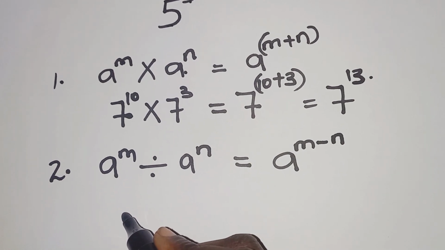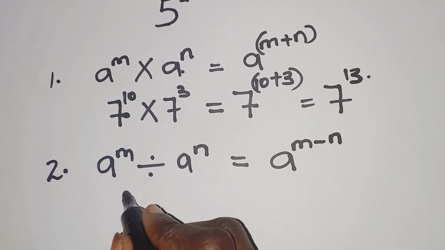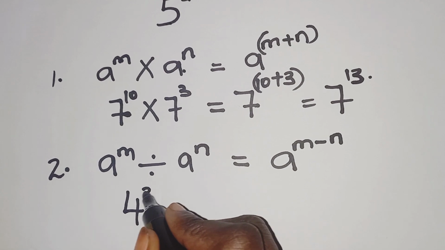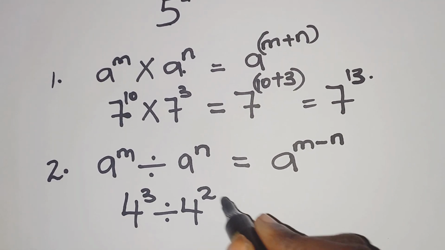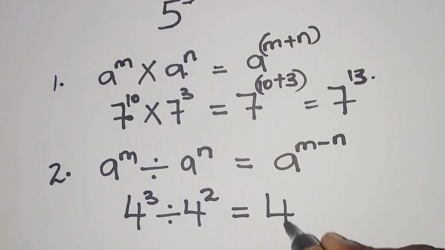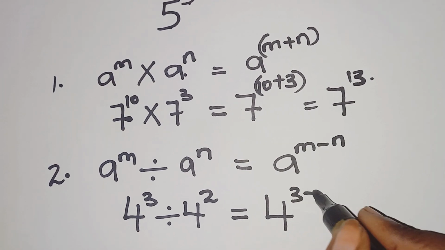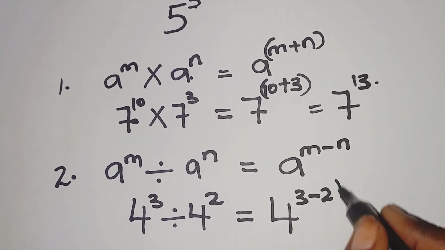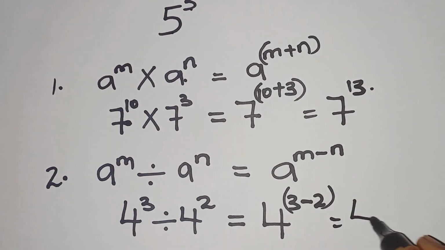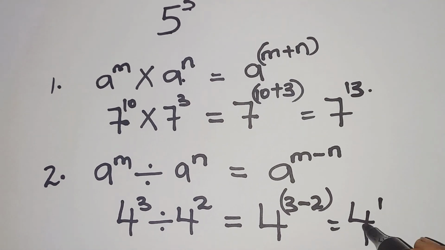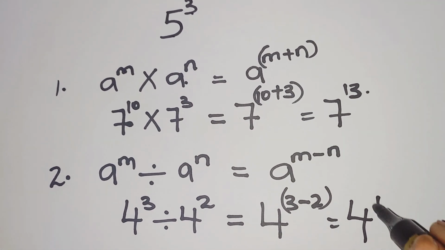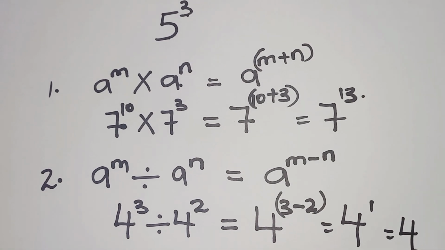For example, if you have 4 raised to power 3 divided by 4 raised to power 2, then your answer will be 4 raised to power 3 minus 2. That will be 4 raised to power 1. And you know that any number raised to power 1 will be that number.